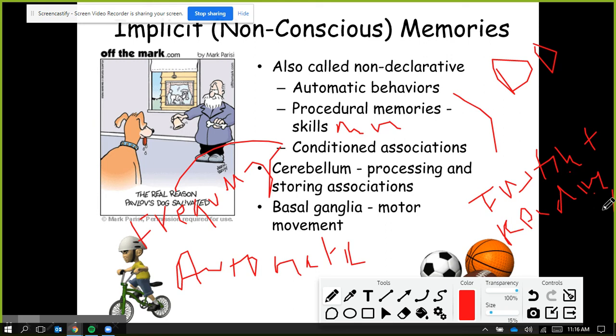The cerebellum, back here, does a lot of the processing and storing of classical conditioning associations. And then the area called the basal ganglia, which is a lot of our motor movement. So really know the cerebellum's association with implicit memories. I doubt you'd be asked about the basal ganglia, but it was in the textbook.